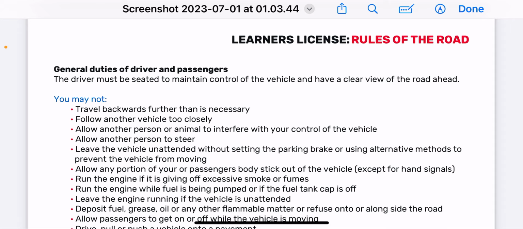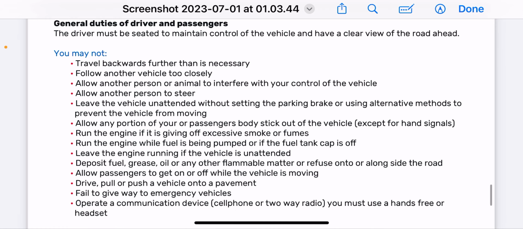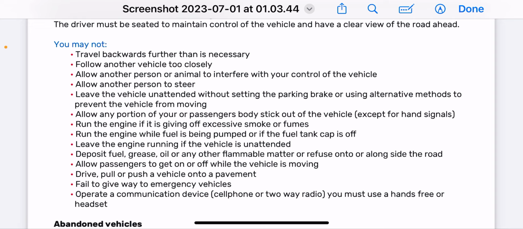The driver must be seated to maintain control of the vehicle and have a clear view of the road ahead. Then, as a driver, you may not travel backwards further than is necessary. You may not follow another vehicle too closely. You may not allow another person or animal to interfere with your control of the vehicle.